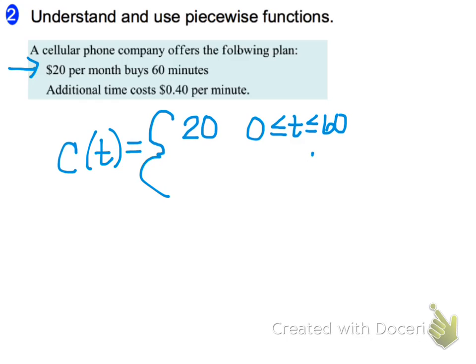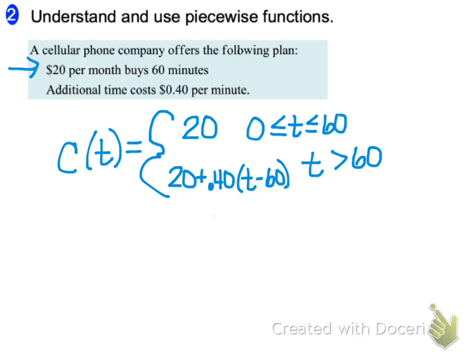Now, the second part of our function is if we're using more than 60 minutes. So then what's going to happen? Well, if we have more than 60 minutes, we're going to pay $20 still, but we're going to have to add some to that. What are we going to add? We're going to add 40 cents per extra minute. So we're going to take our 40 cents and multiply it by whatever our minutes are, but we have to take away the 60 we already paid for.